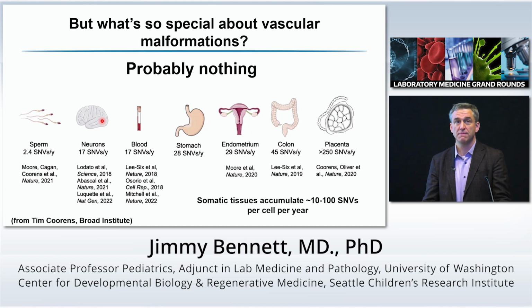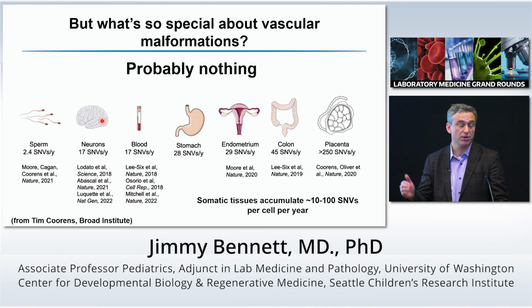In fact, somatic mutations accumulate 10 to 100 single nucleotide variants per cell per year. You can see that the rate of accumulation of single nucleotide variants is highest in the placenta and lowest in germ cells. And so, I don't see any reason that at least some of these variants couldn't be contributing to other diseases that are not diagnosed by routine blood-based sequencing.